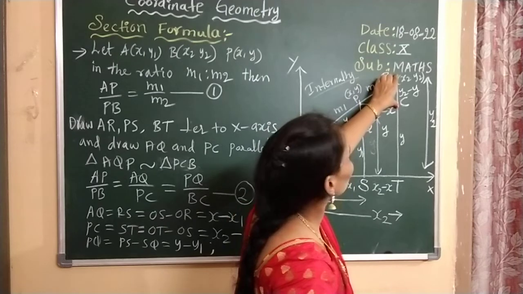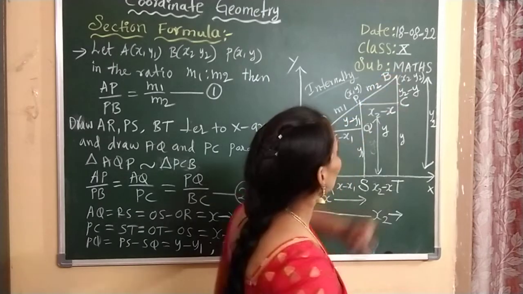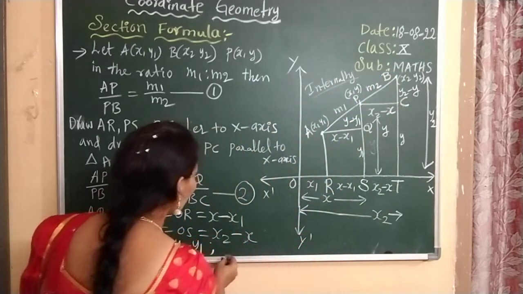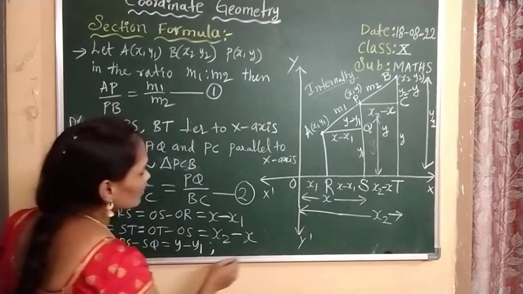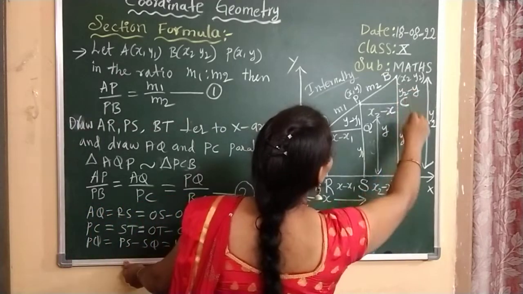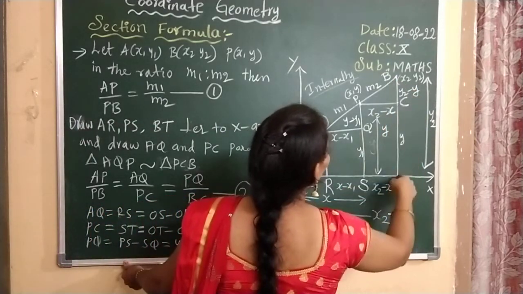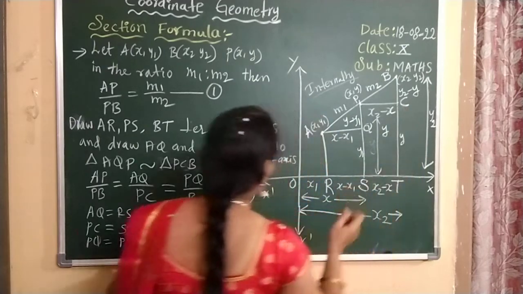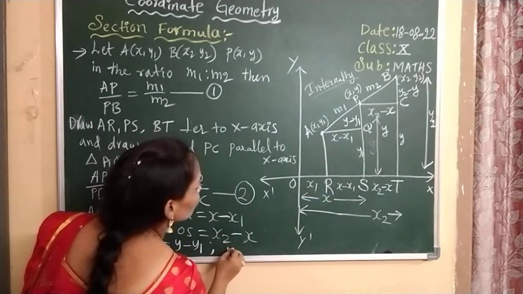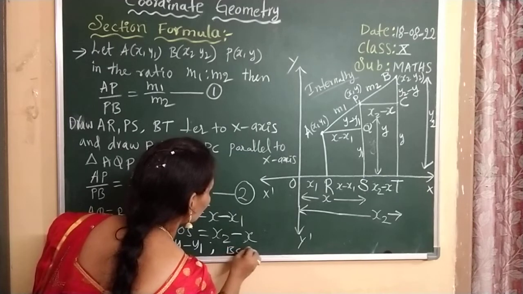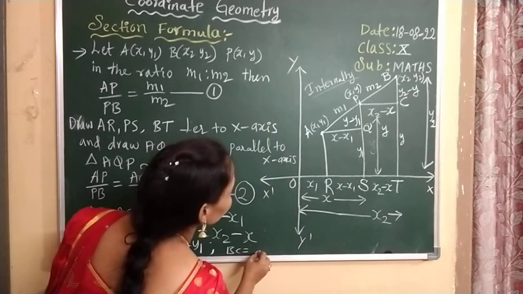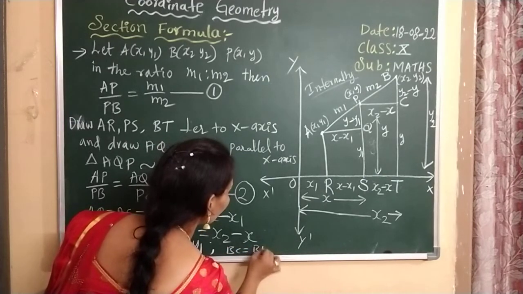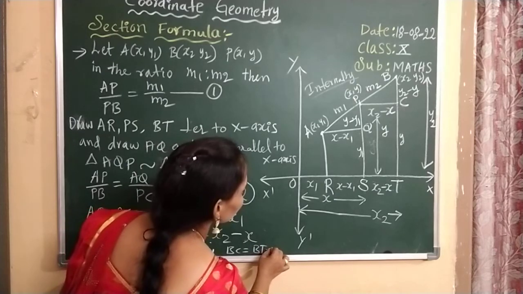Next, BC we want. For that, what can we write here? See, BC means BT minus TC. BC is equal to the total length BT minus TC.